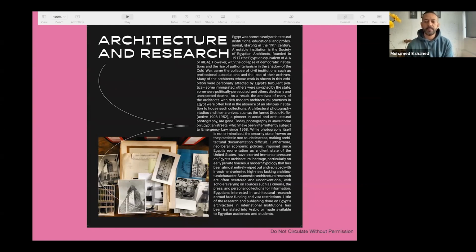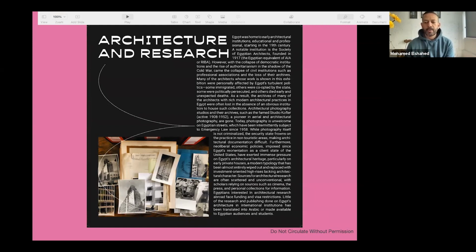We know what happened. Architectural studios were confiscated, archives were scattered, photography studios were closed. We don't know where the photography went, and so on. Students of architecture are harassed. Photography outside touristic areas is frowned upon.